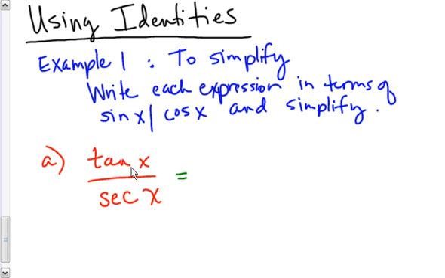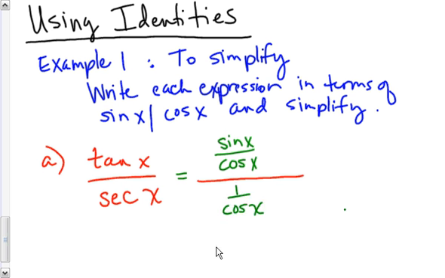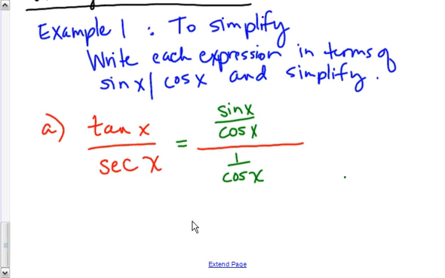Sine over cosine, so tangent I'm going to write as sine of x over cosine of x, over. How do I write secant in terms of sine or cosine? 1 over cosine. And then I need to simplify this.